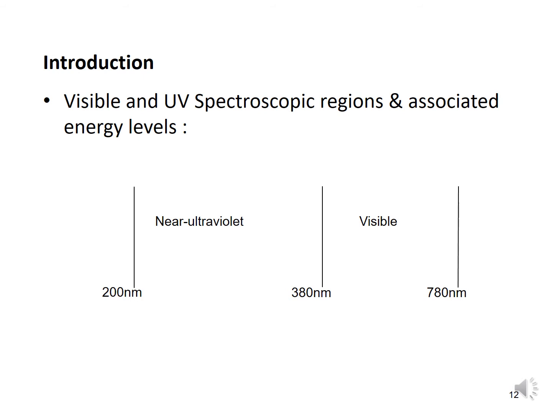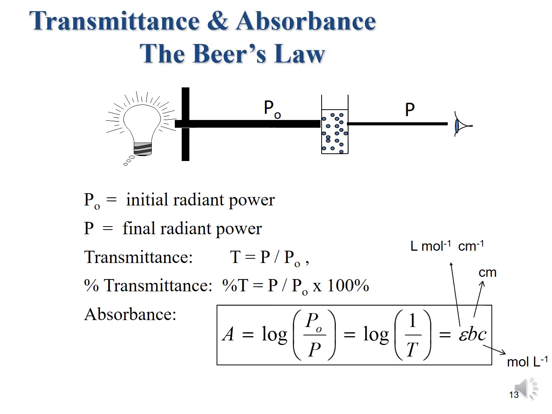The common range of wavelength: ultraviolet is between 200 and 400 nanometers, and visible is from 400 to 800 nanometers.